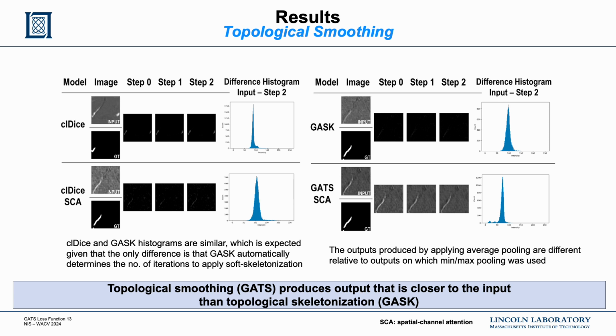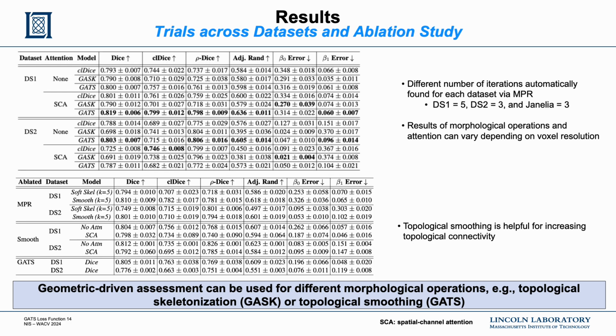The main difference between CLDice and GASC is that GASC is automated via MPR. We see from the histograms that topological smoothing produces an output which is closer to the input. Our trials across different datasets showed that voxel resolution should be considered when choosing to apply a morphological operation, but this effect should be investigated further.